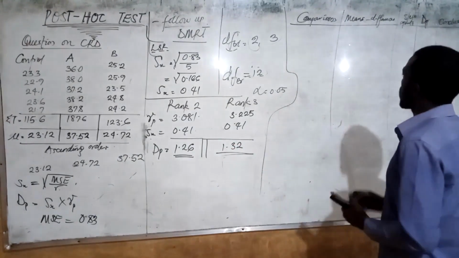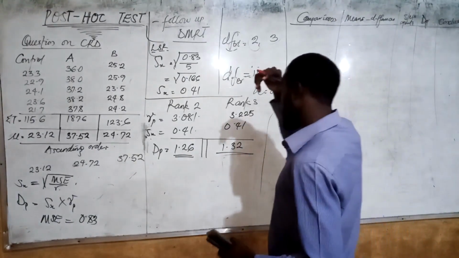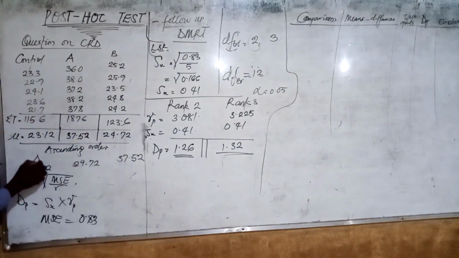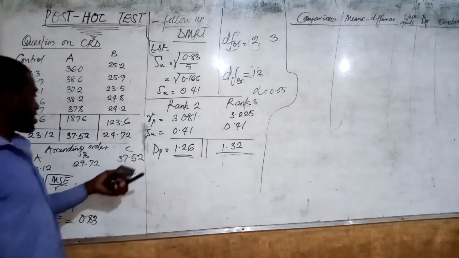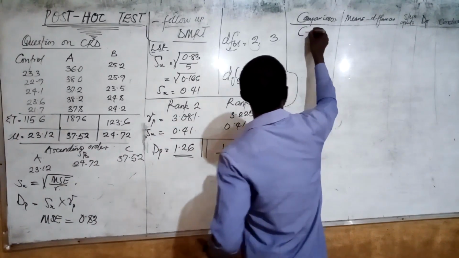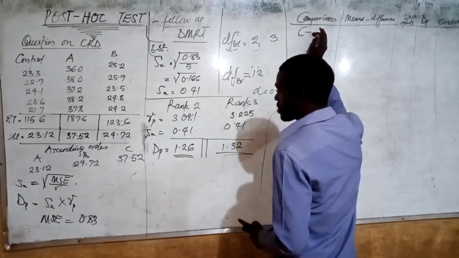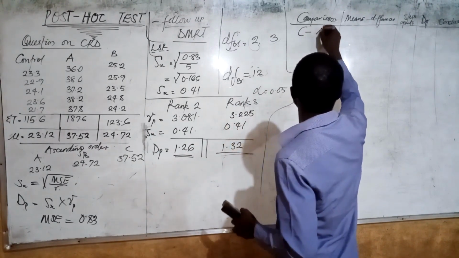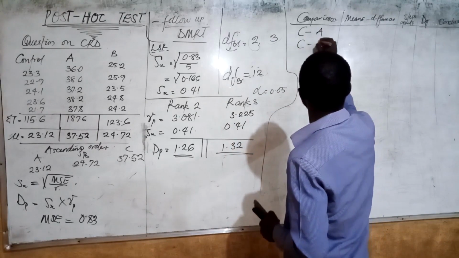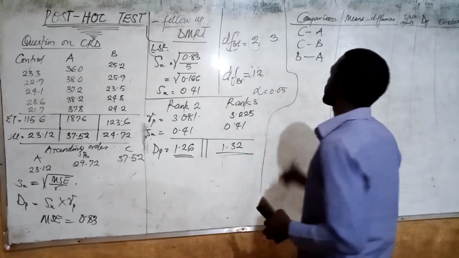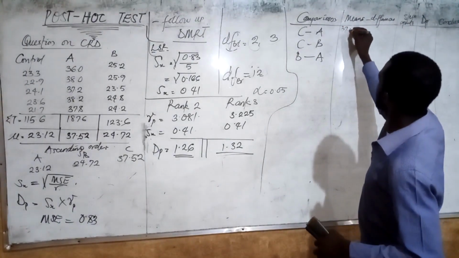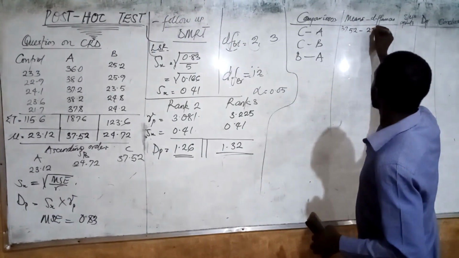First we are comparing. We've arranged them in the ascending order, so we can name them A, B, and C. So let's compare, the highest is C. First we'll subtract the lowest one from C. The lowest one is A. So C from A, then C from B, then B from A. Then their mean difference will be 37.52 minus A being 23.12.